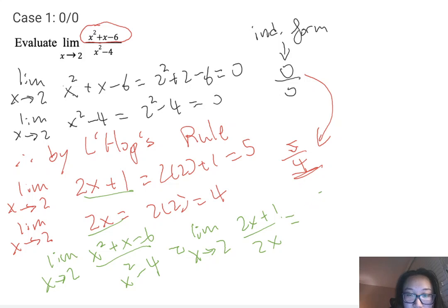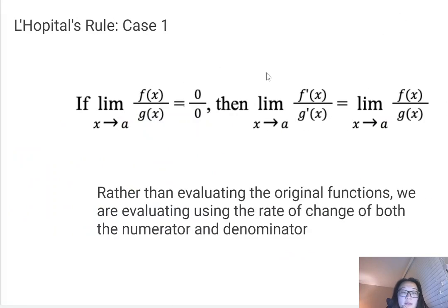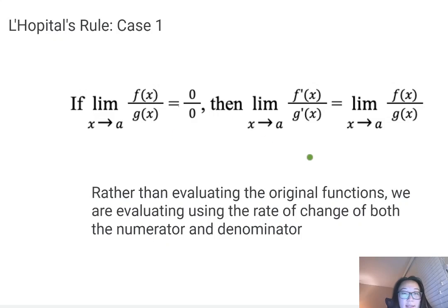That left us with 5 over 4, a real answer, and that is going to be our final answer as well. Notice how this was in line with L'Hopital's rule: we found the derivative of the original function, and it gave us the answer to the original problem.